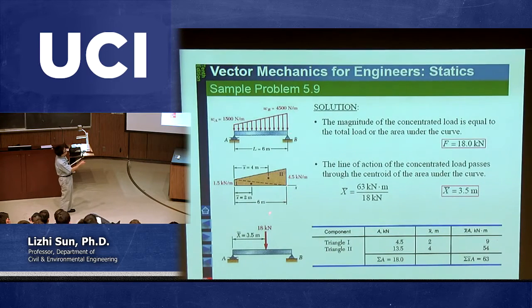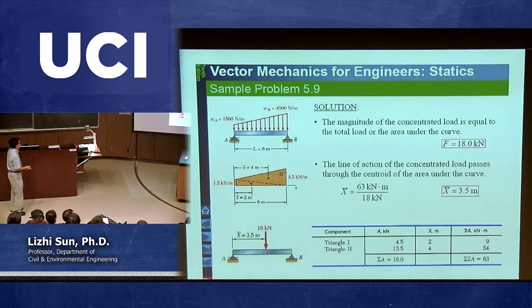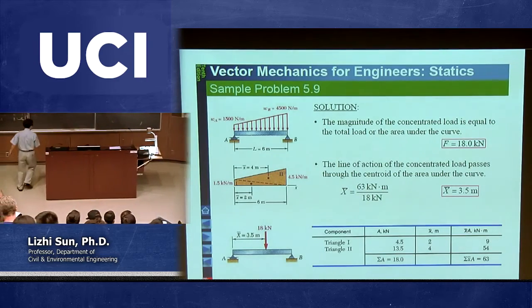Finally, this distributed load is equivalent to a concentrated load somewhere. The magnitude of the concentrated load is the area of this one, and the location, x bar, is the centroid. So that's why I call it the application of the centroid concept for solving beam problems in terms of reactions. So this is chapter 5.